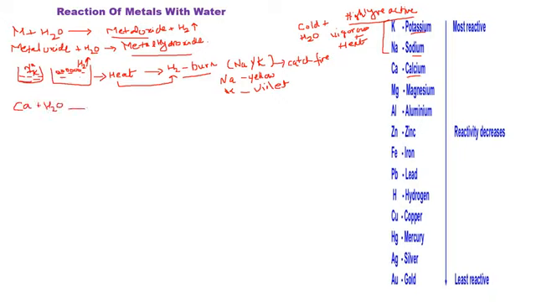Calcium will first go and settle down at the bottom, but due to the release of hydrogen gas, these bubbles of hydrogen released in this reaction, the calcium particles will stick to the bubbles, and definitely it will come and float on the top, right?